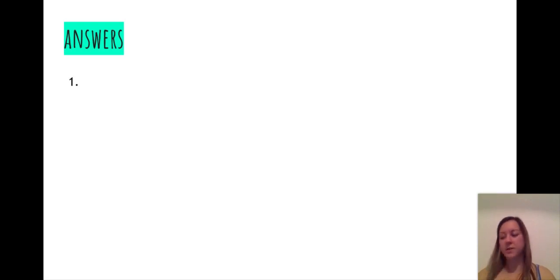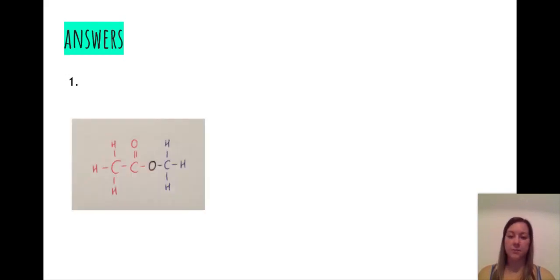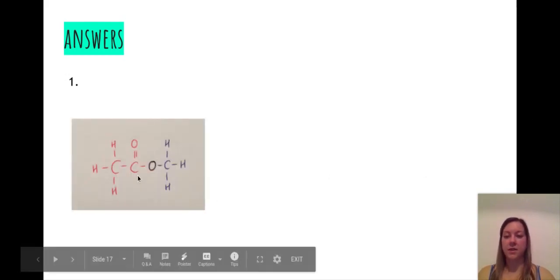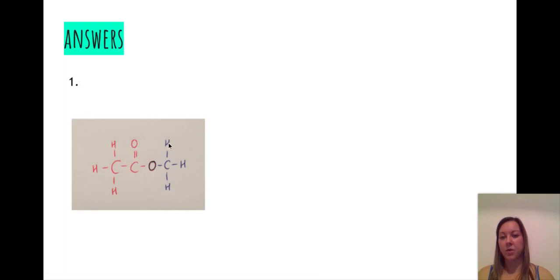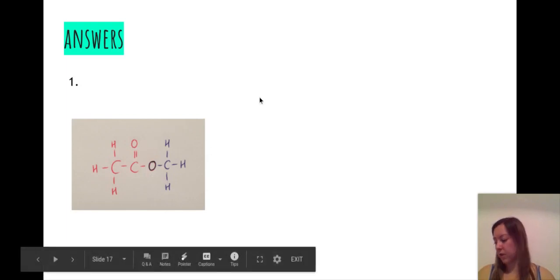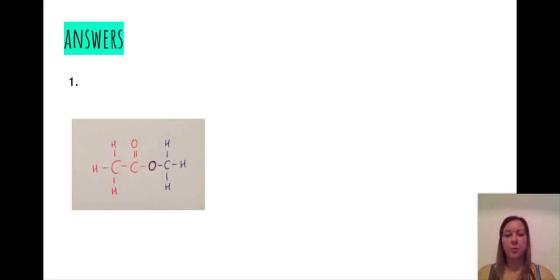Okay, here are the answers then. So the first question is, draw the structure for the following esters. The first one is methyl ethanoate. So here is the ethanoate part. Here you've got 2 carbons with the acid group, and then our alcohol is methyl, which is 1 carbon. Number 2 is butyl propanoate.